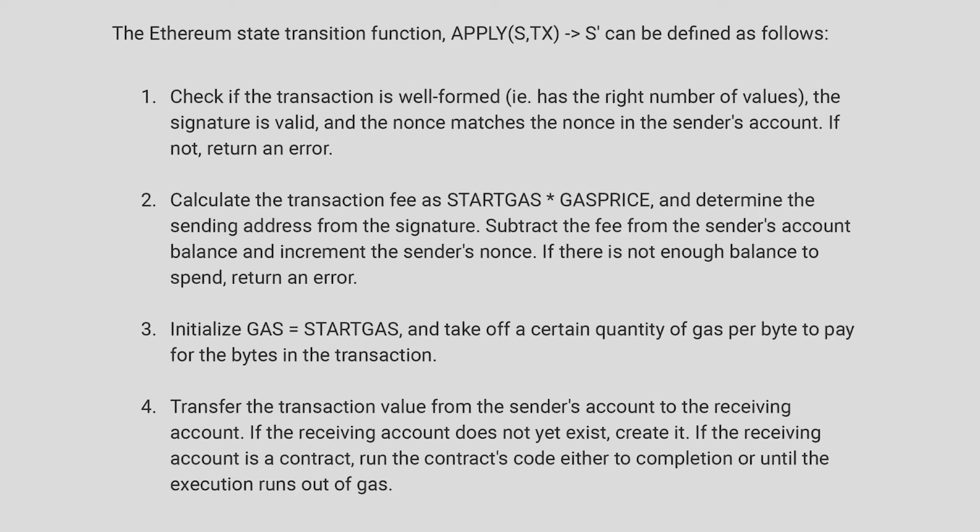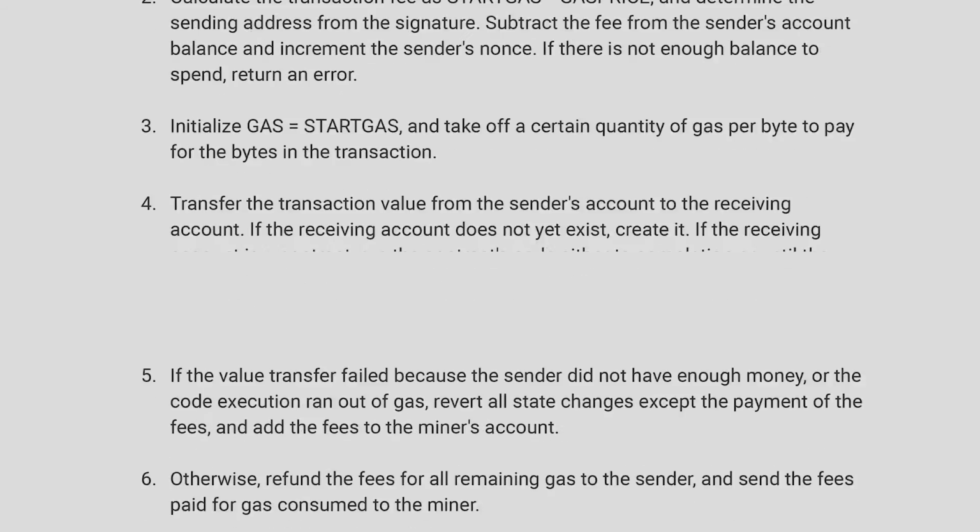3. Initialize GAS = STARTGAS, and take off a certain quantity of gas per byte to pay for the bytes in the transaction. 4. Transfer the transaction value from the sender's account to the receiving account. If the receiving account does not yet exist, create it. If the receiving account is a contract, run the contract's code either to completion or until the execution runs out of gas. 5.